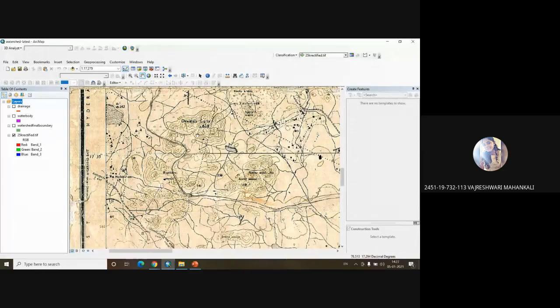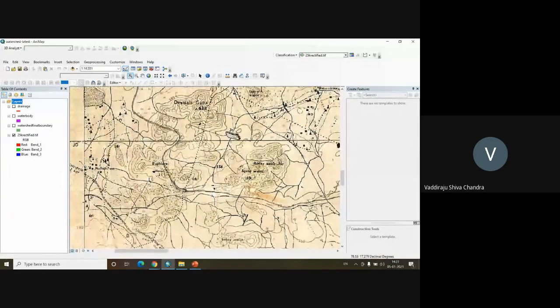Yes, sir. Tell me any one numerical value which you are seeing. 556. No, I am asking only about the numerical values associated with the brown colored lines.